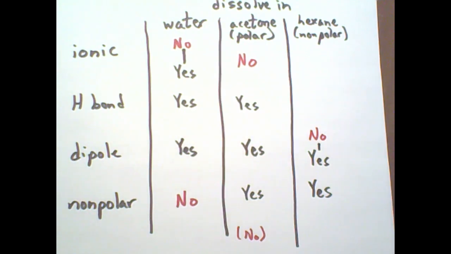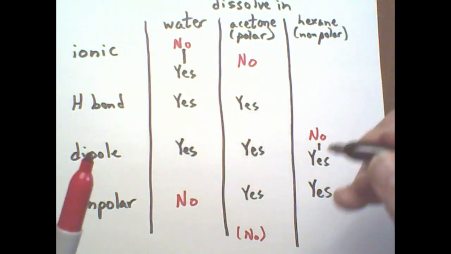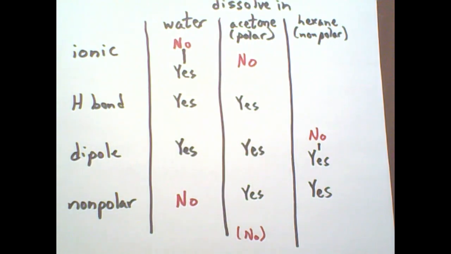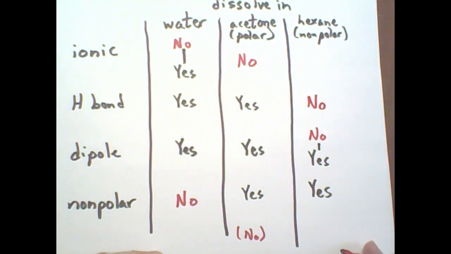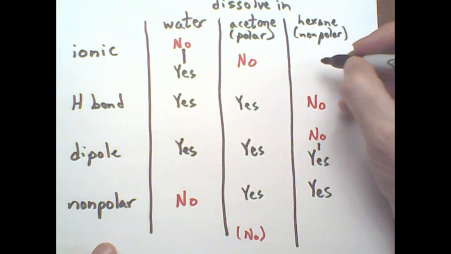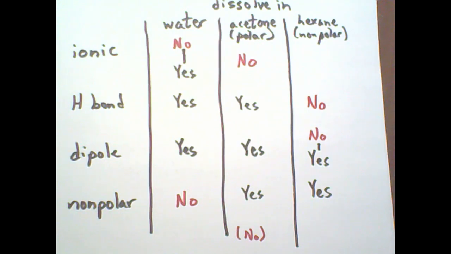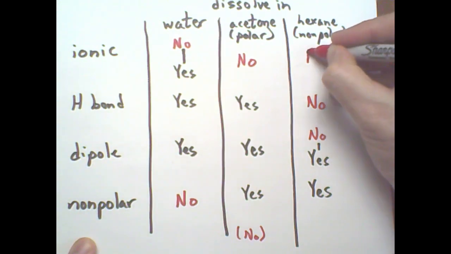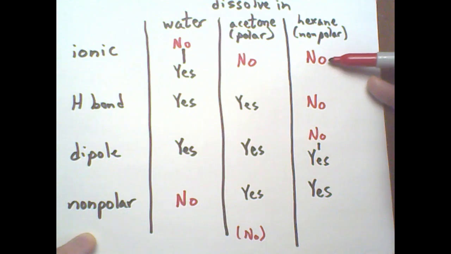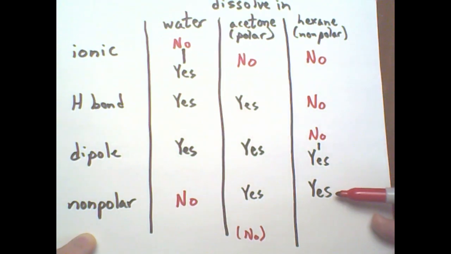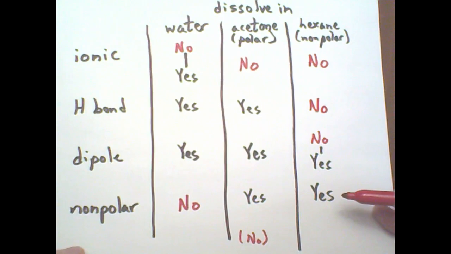Hydrogen bonding molecules do not like to dissolve in nonpolar solvents. And of course, ionic molecules don't either. The bonds between two ions are just too strong. That attraction is too strong. It won't let in the nonpolar molecules.